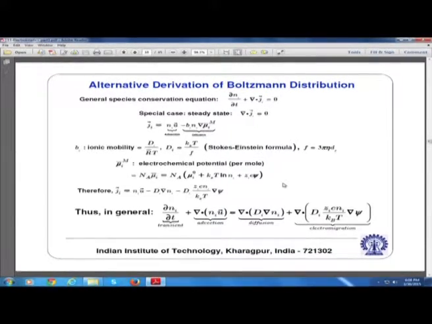The special case is steady state when the unsteady term is 0, that is quite obvious. Now the flux will be typically related to what?